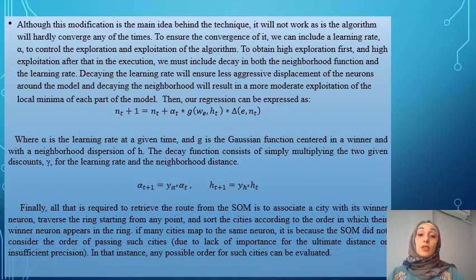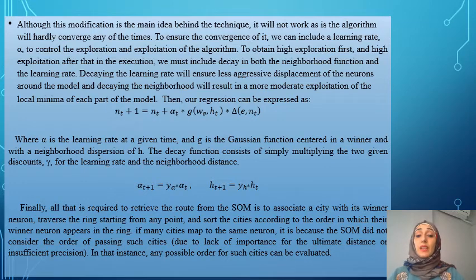In modifying the algorithm to ensure its convergence, we can include a learning rate to control the exploration of the algorithm. To obtain high exploration first and low exploration after that in the execution, we must include decay in both the neighborhood function and the learning rate.